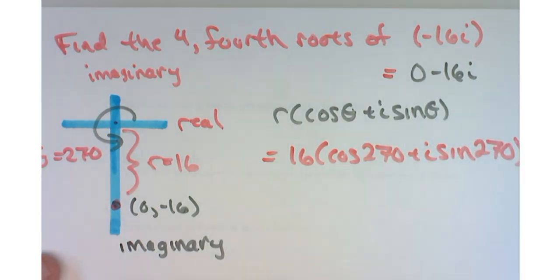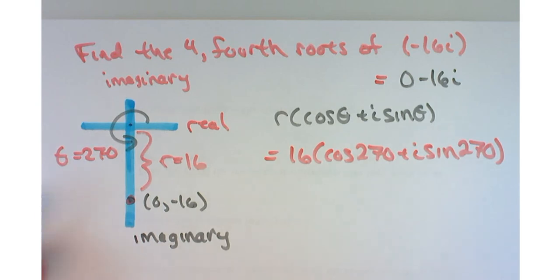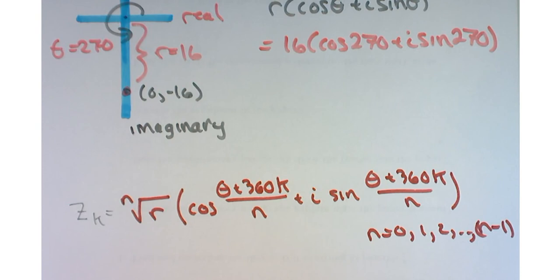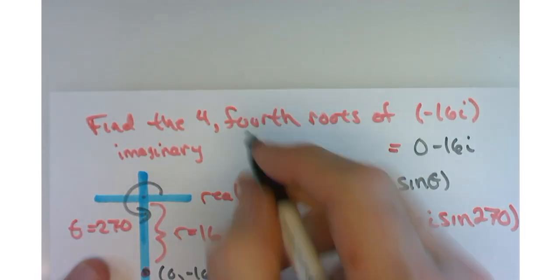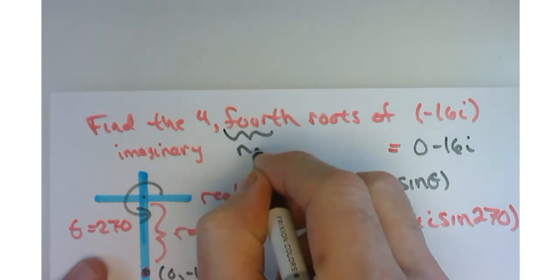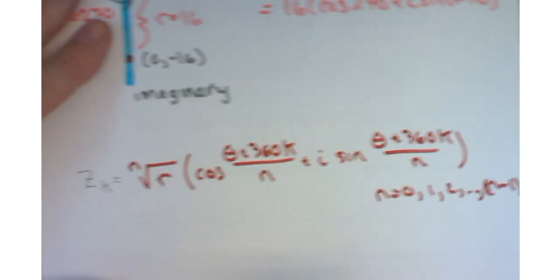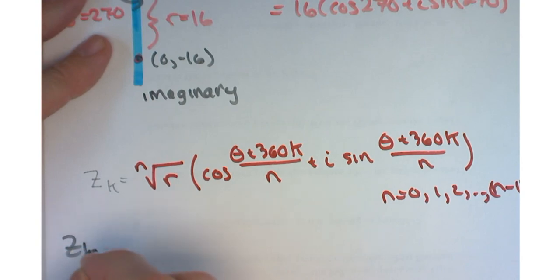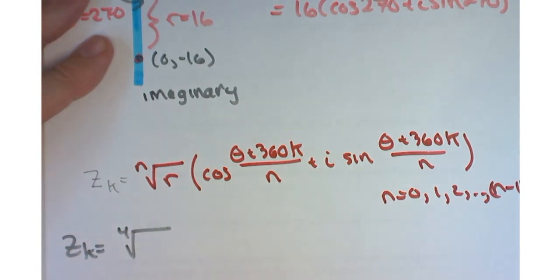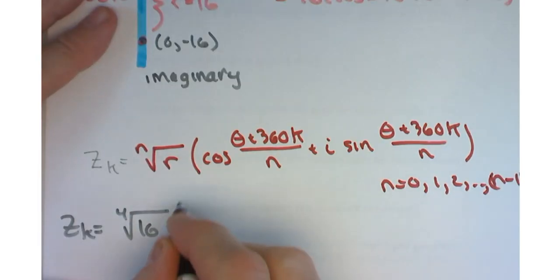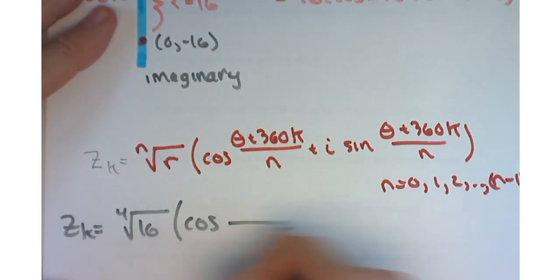And then we're going to plug it into our formula here, which is going to be this one right here. Let's take stock of a couple things. First of all, n comes from this part right here. n equals 4. We're looking for the fourth roots. So z sub k is the fourth root of r. r is 16 in that one. 16 times cosine of theta.